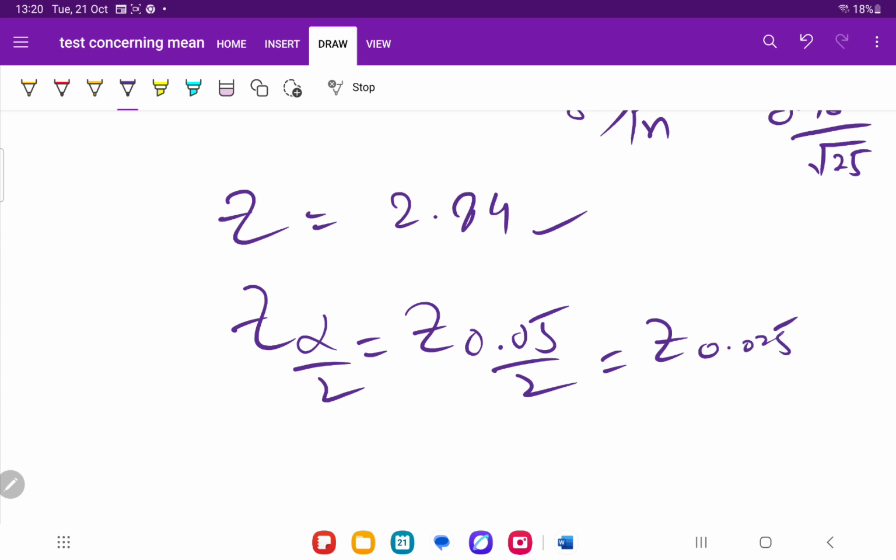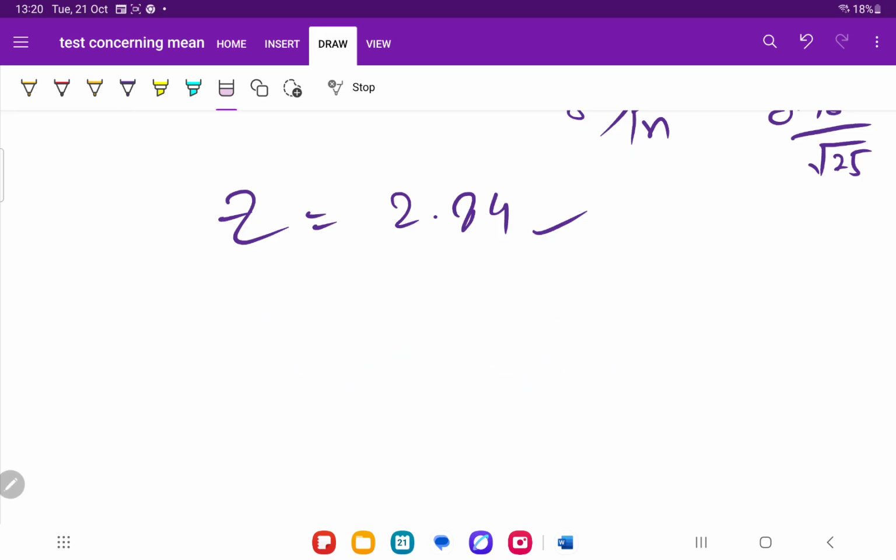Alpha could also be 0.01, and then alpha by 2 is 0.005.